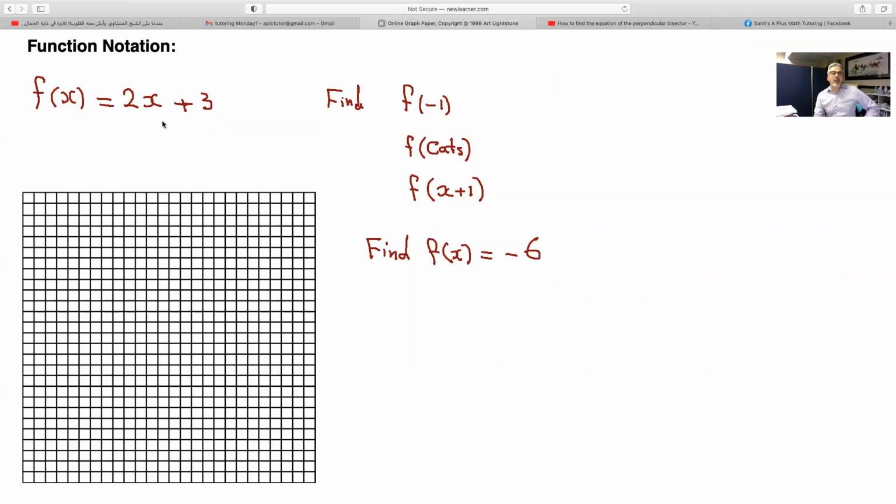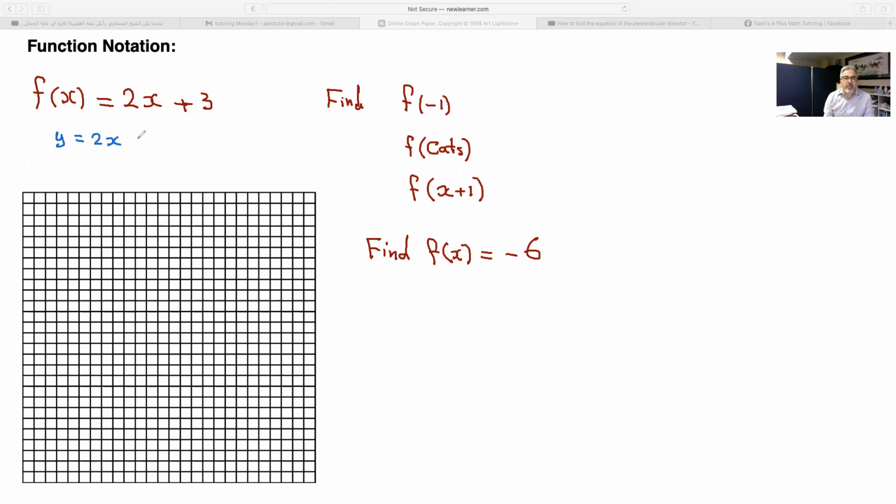So I'm going to do a little bit of function notation. What's function notation? So function notation, they give you an equation. They say it's f of x. And this is exactly like saying y equals 2x plus 3. So now they're saying find f of -1.